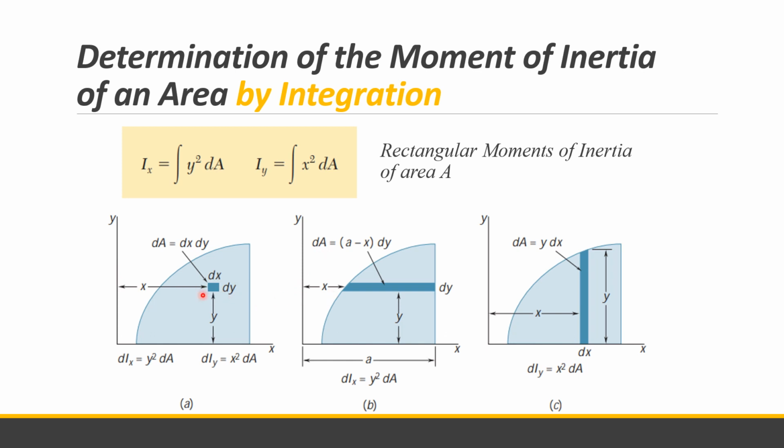So we'll compute the moment of inertia via thin strip, no? So ganito siya. So parang yung ano din natin, yung determining a centroid. So we'll choose a strip parallel to an axis. So this could be parallel to x-axis or parallel to y-axis, and then you will evaluate the integral.